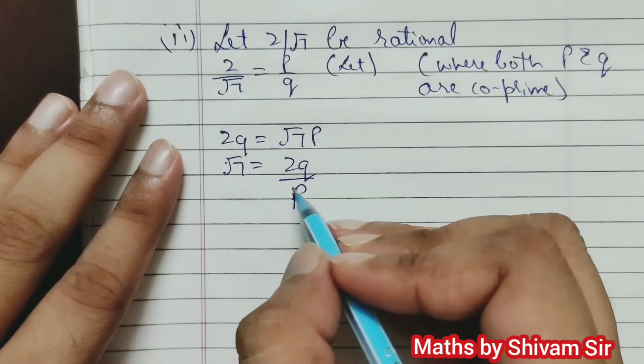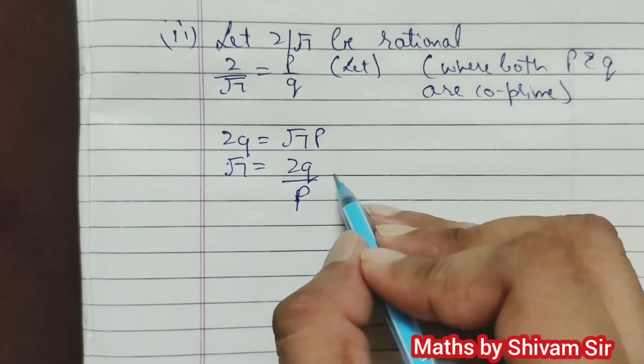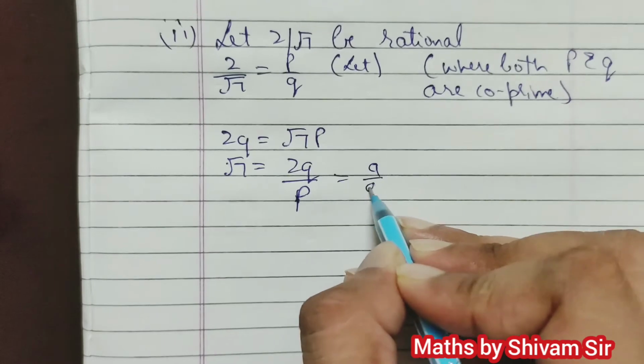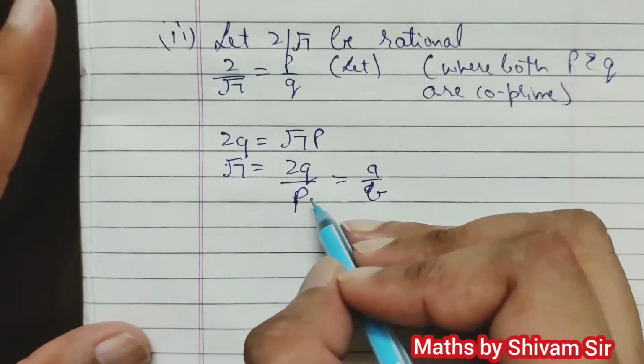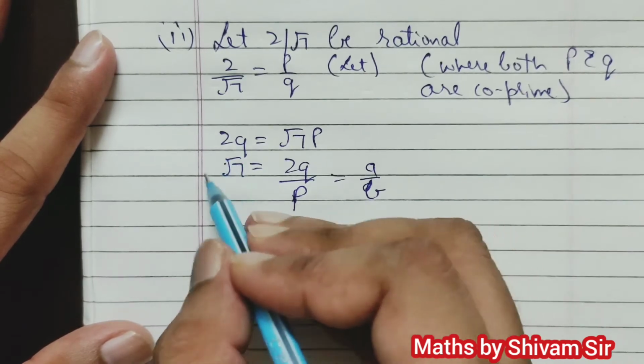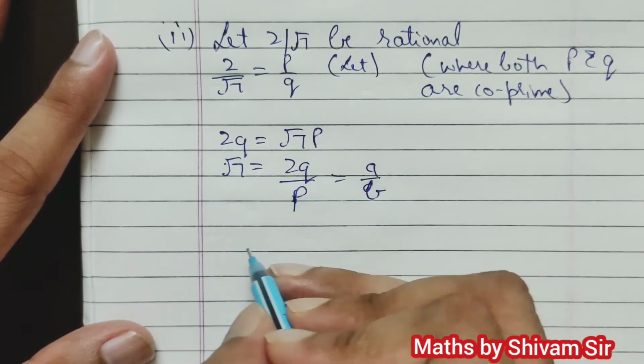See, 2q upon p is again a p by q form, or we can consider it as a by b form, some number divided by another number. But root 7 is irrational and a upon b form is a rational form.